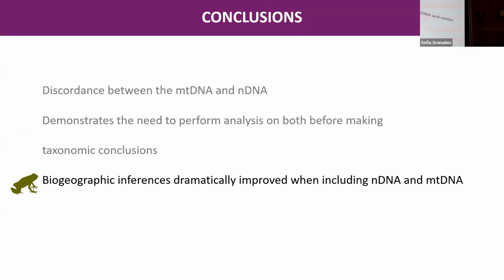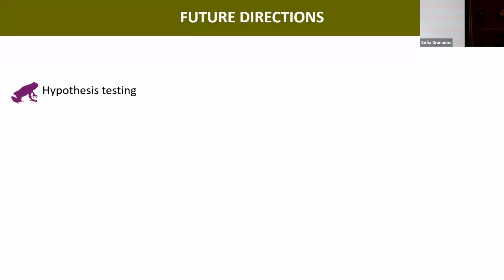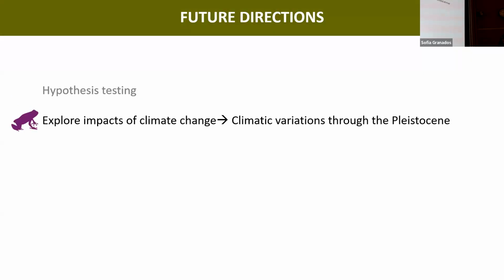Now I'm just going to quickly talk about future directions of this project. We now have some hypotheses about what happened, so I would like to do some hypothesis testing, some more quantitative testing, where I want to include and explore the impact of climate change. We know that there has been a lot of climatic variation throughout the Pleistocene.